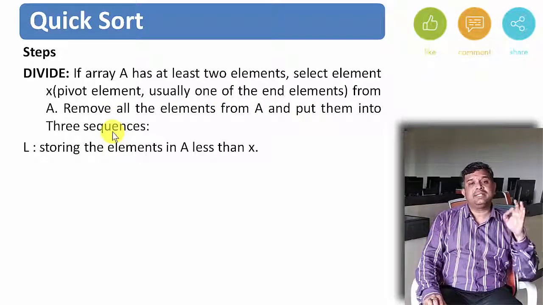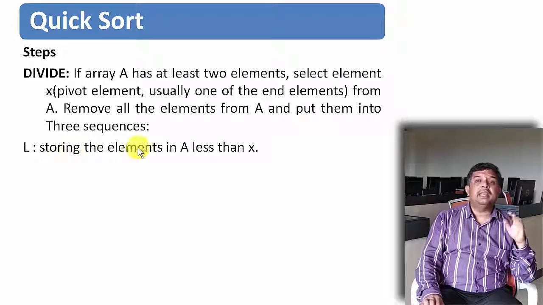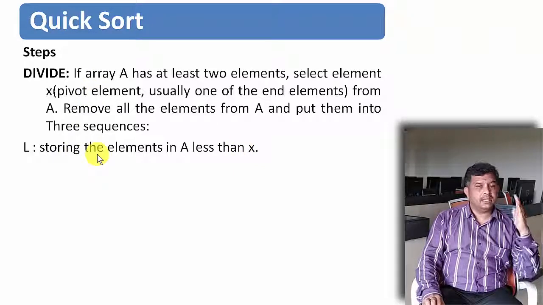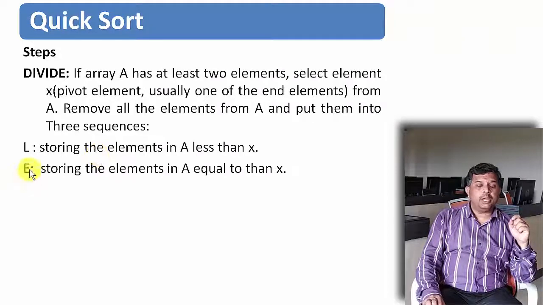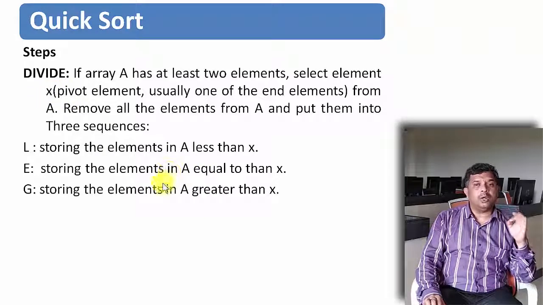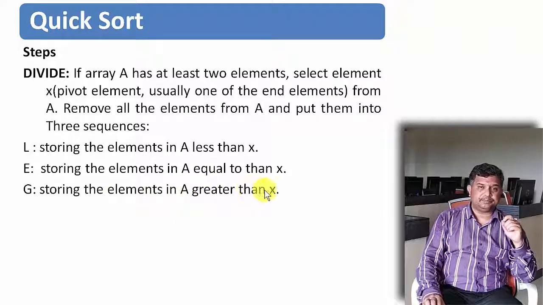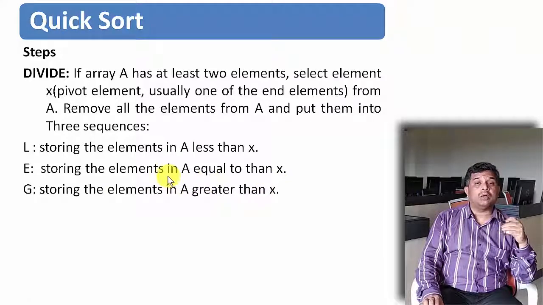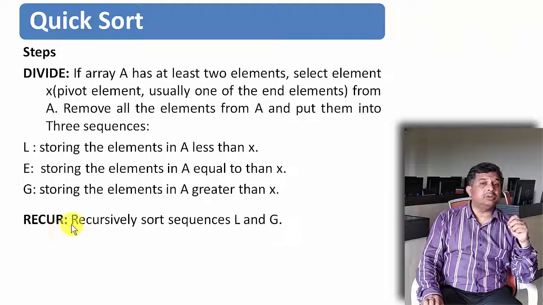The first sequence is L, the elements in A less than X. If X is the pivot element, then all the elements which are less than X are one part. E, which is equal to X, is one part, and G are all those elements which are greater than the pivot element X. Then we will recursively sort L and G, those elements which are less than the pivot element and those elements which are greater than the pivot element.